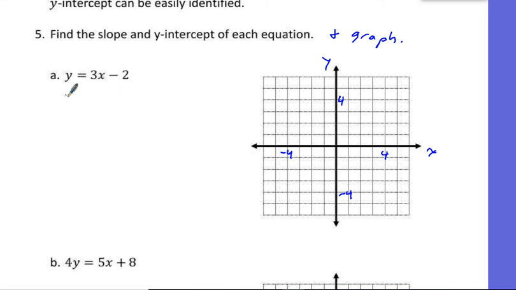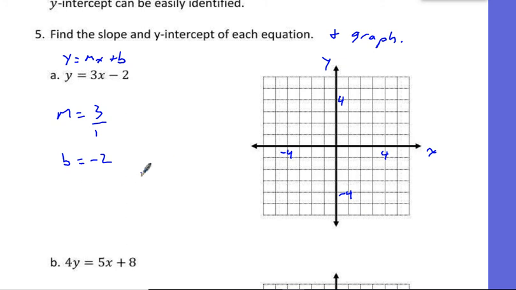As I look at this equation, and we remember slope-intercept form is y equals mx plus b, where m is the slope, so I know that the slope is 3 over 1, and the y-intercept is b, or -2.